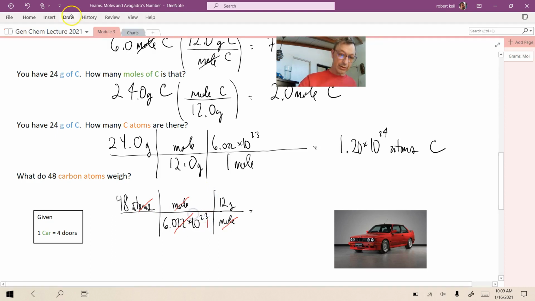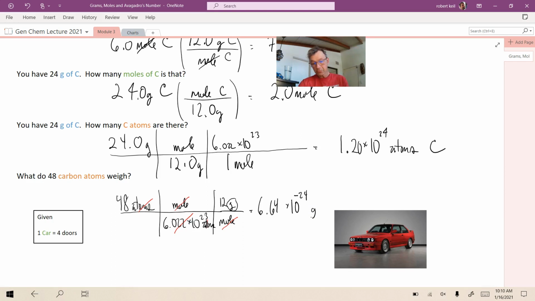Whoops. There we go. And I'm left with number of grams. And of course, in my head, without using a calculator, I know that it's 6.64 times 10 to the minus 24th. Great. So these two kinds of questions here at the bottom are really common.